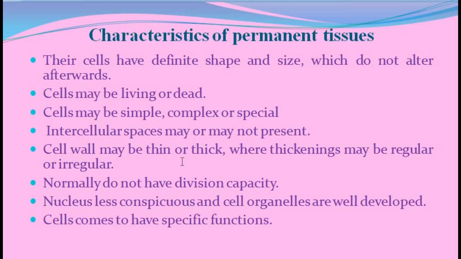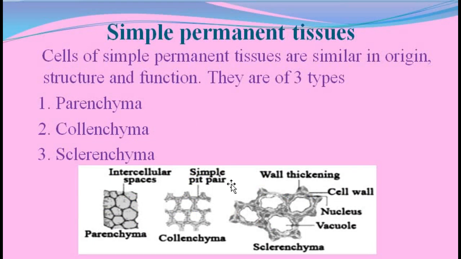Cell wall may be thin or thick. If there is thickening, it may be regular or irregular. Normally they do not have the division capacity. The nucleus of the permanent tissues is less conspicuous and cell organelles are well developed. Cells come to have specific functions.